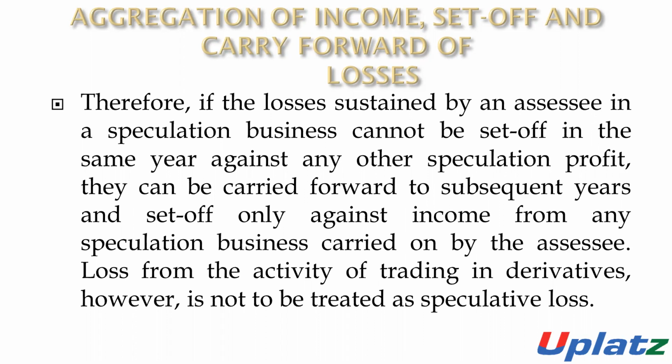If there is any loss from speculative business and it is not set off by the assessee in the current year, or he has speculative profit but it is not sufficient to set off the total amount of speculative loss, then the unabsorbed speculative loss can be carried forward to the subsequent year, and in the subsequent year we will set off such loss with the income of speculative business.